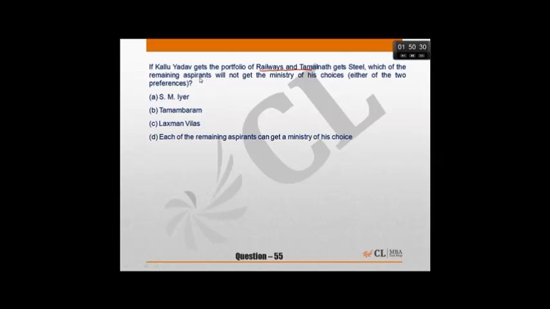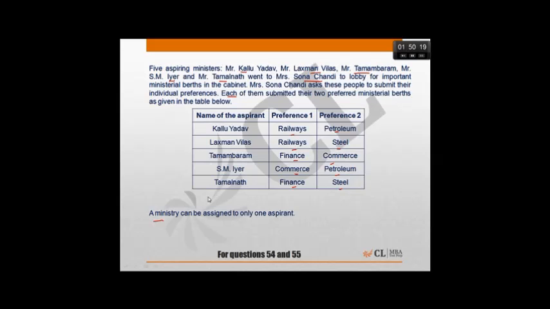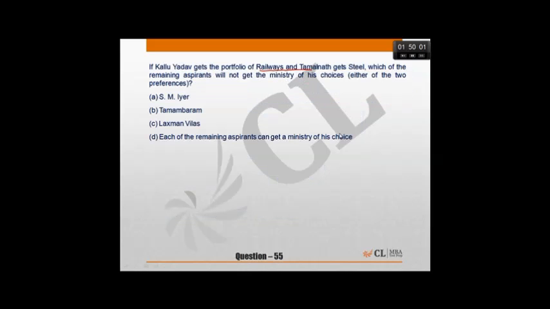Kallu Yadav gets railways and Tamalnath gets steel, so railways and steel have gone. So Lakshman Vilas will not get his choice, because both railways and steel have already been given, so he cannot get any of them.